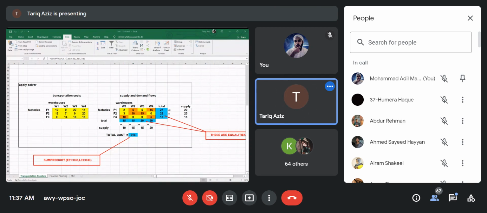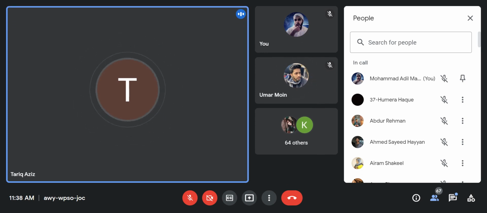Full screen. Okay, just wait. I'm trying so that the dialog box is also visible. Sir, you might be sharing only your tab. Stop presenting, then again I'll share the entire screen.